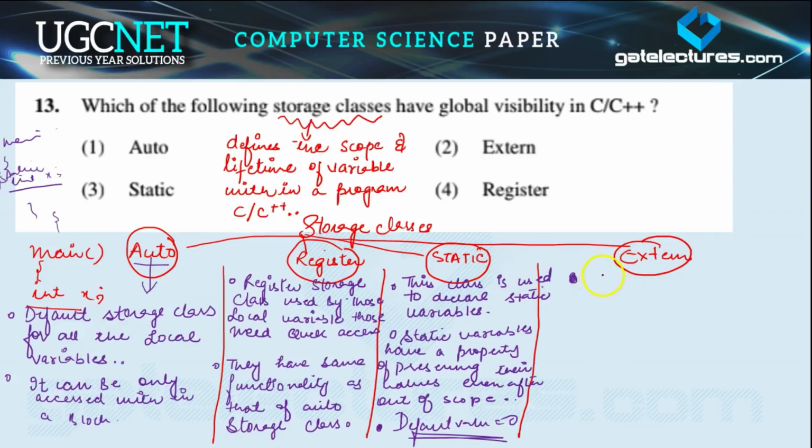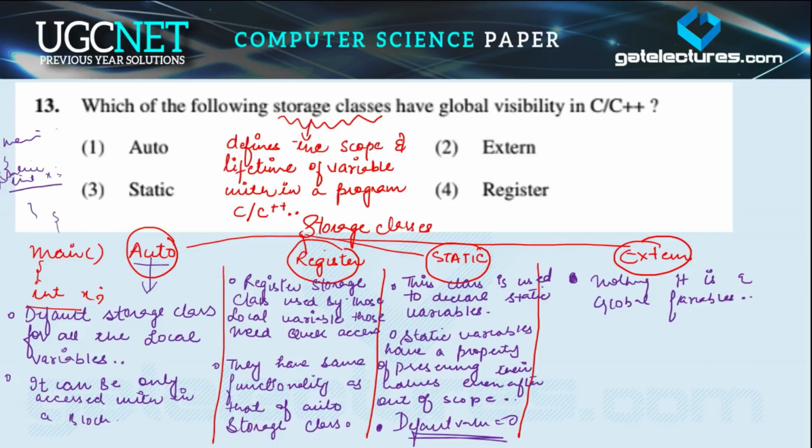Now the next one is external storage classes. So external storage class is nothing, it is a global variable. Those properties and features of global variables are the same in the external storage classes. So once the global variable is initialized by some legal value, it can be declared in some other block and it can be accessed or used in some other block.